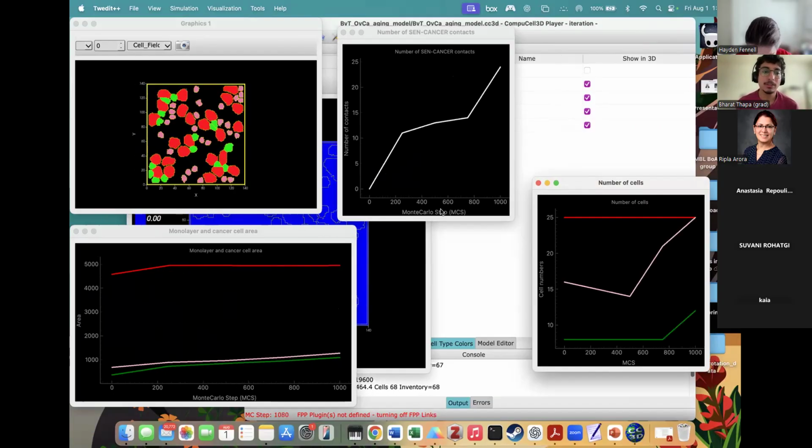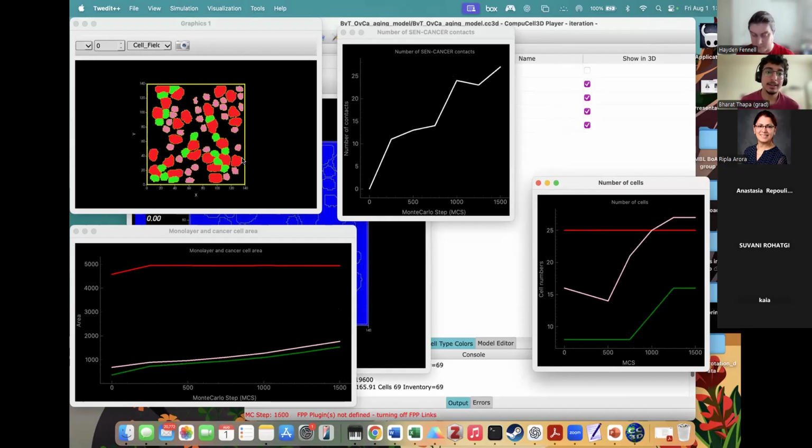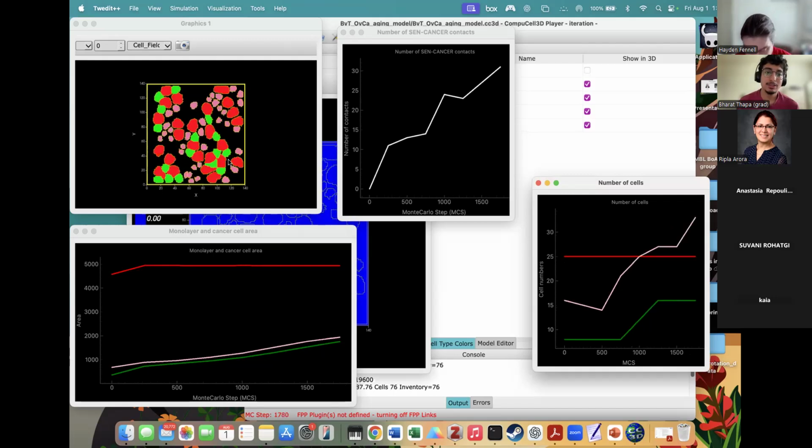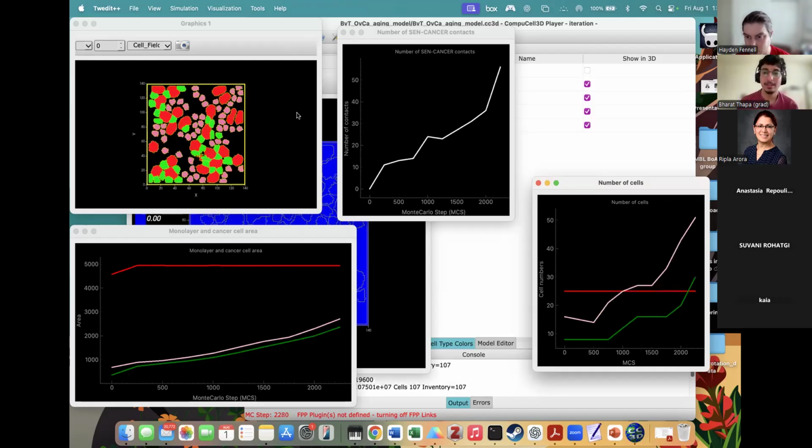One of the observations which I can make right now already is that you can see cancer cells are really loving it with the senescent cells. They're making these rosette-like structure or intercalation kind of structure where a senescent cell is surrounded by cancer cells throughout.